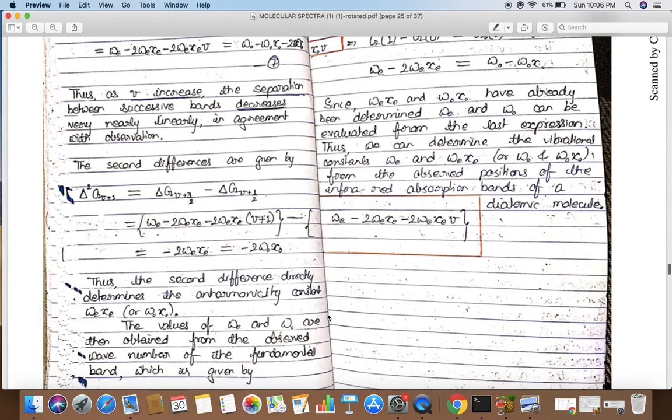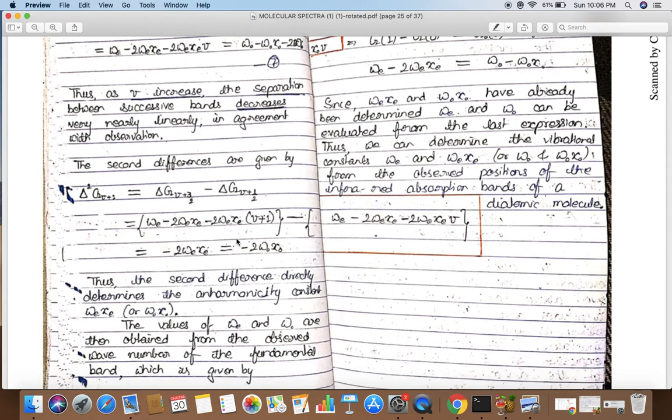Then you have these quantities equal to −2ωe xe, that is equal to −2ω0 x0. So the second difference directly determines the anharmonicity constant.